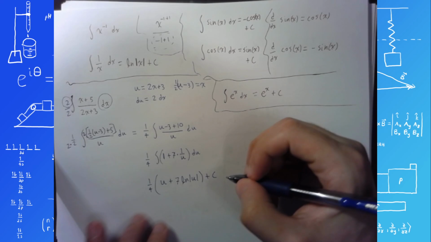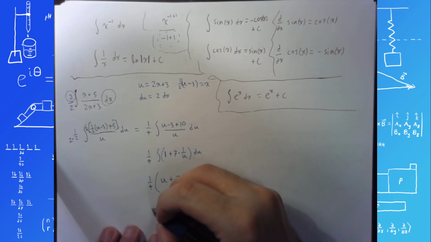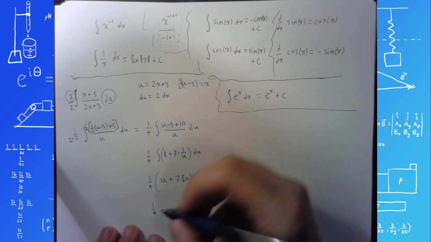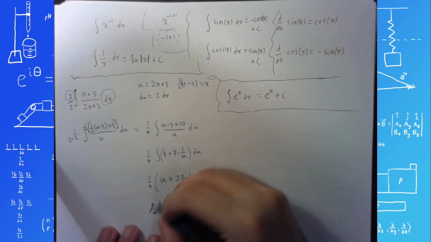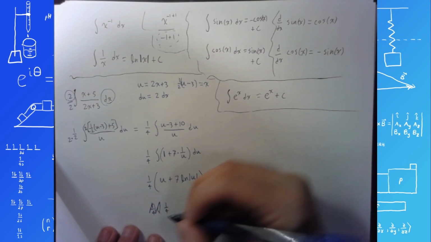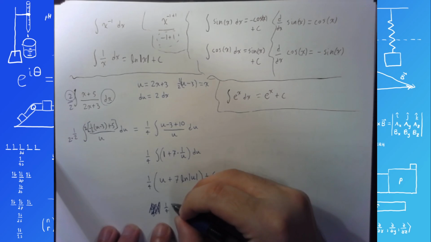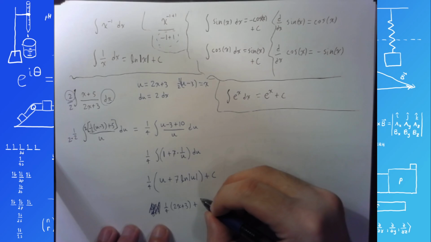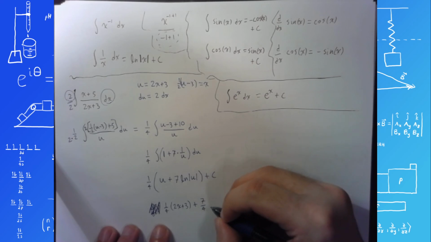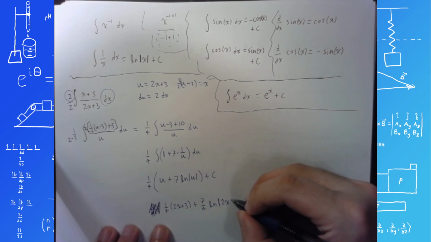So that's 7 natural log of u, plus c, and I can distribute the 1/4, and I want to rewrite the u. Oh, wait, what did I do? Distribute the 1/4: 1/4 of 2x plus 3, plus 7/4 natural log of the absolute value of 2x plus 3.